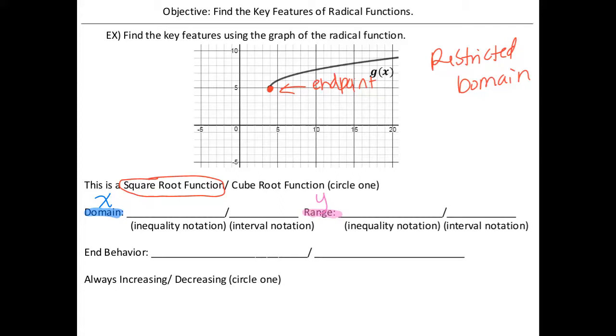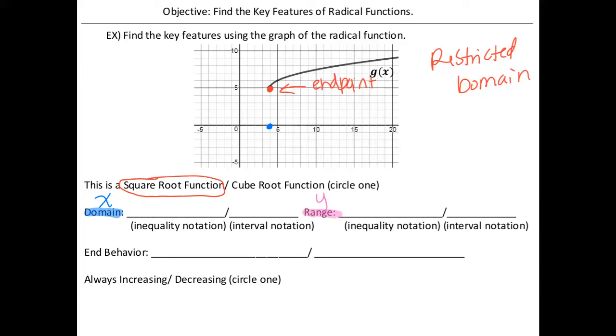So I'm going to take my endpoint and I need to figure out what x values correspond to this curve right here, okay? So if I take my endpoint and drag it to the x-axis, I'm going to put my dot right here. So I'm going to drag my endpoint to the x-axis.